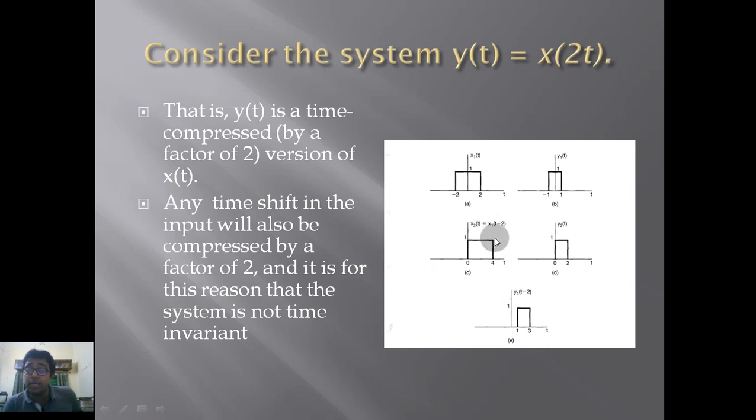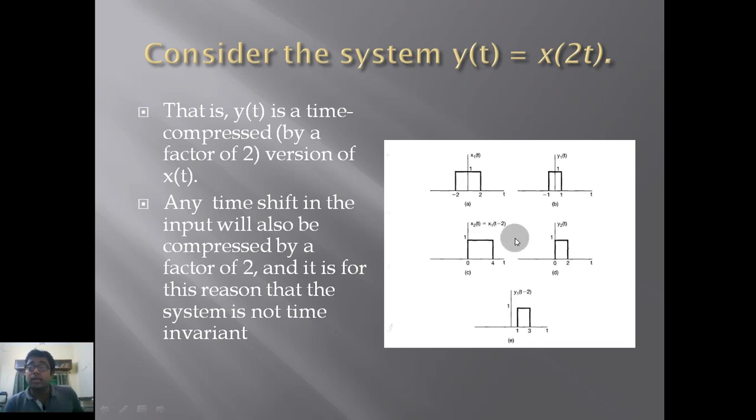If the system were time invariant, then after the time shifting of -2, the output signal should look like this, because of the right side shift of the signal. But as we have provided the input signal in this way to the system, we get this kind of output. Both are different, so that's why it's not a time invariant system.